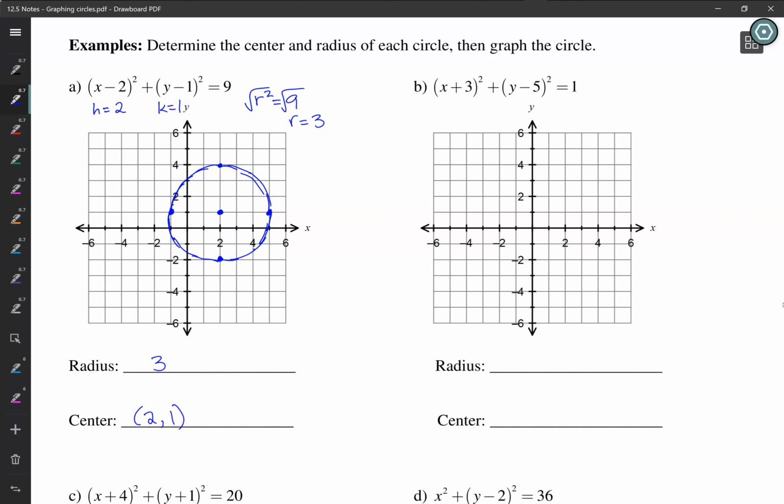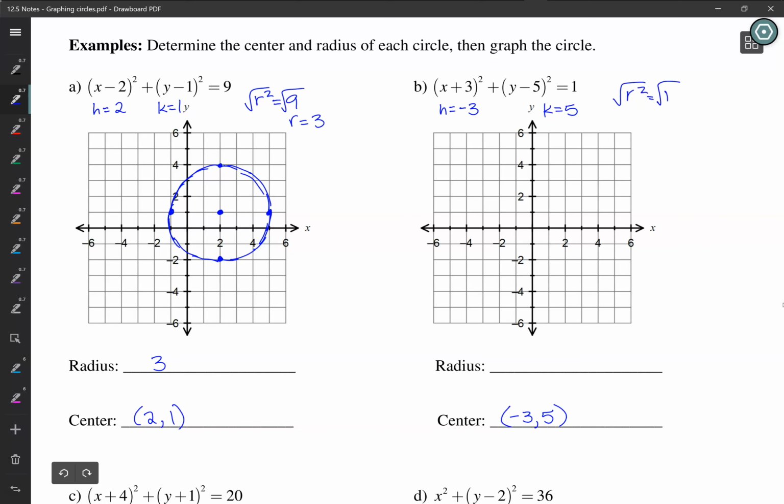All right, here's another one. x plus 3. Opposite of 3 is negative 3. y minus 5. Opposite of negative 5 is positive 5. That's your center. Negative 3, positive 5. Opposite, opposite. r squared is 1.